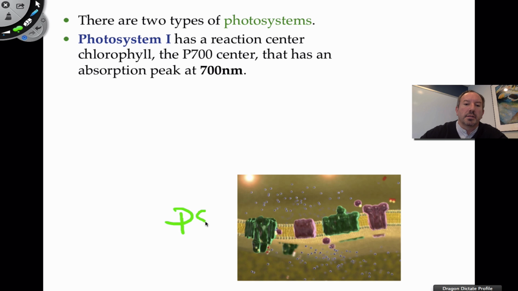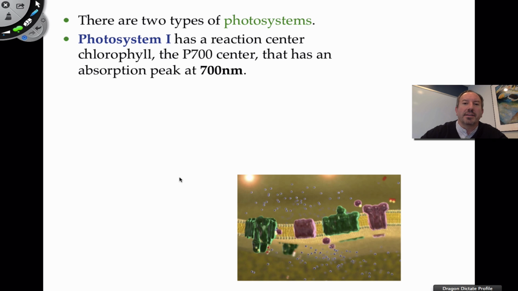Photosystem II is right here, and then this one over here is Photosystem I. As it turns out, the way we categorize Photosystem II and I is by their reaction center. The chlorophyll in the reaction center of Photosystem I prefers a wavelength of 700 nanometers.